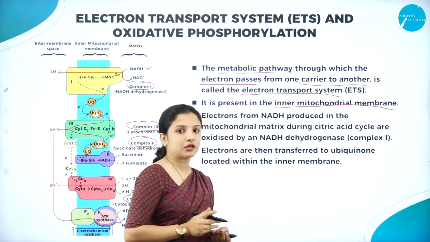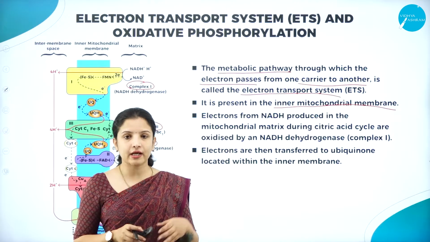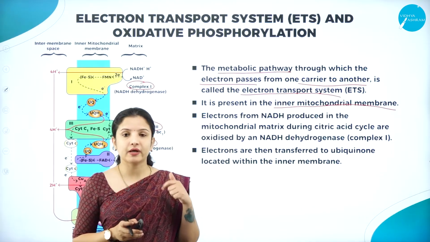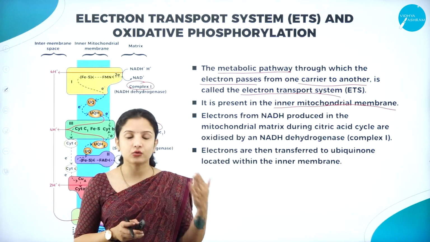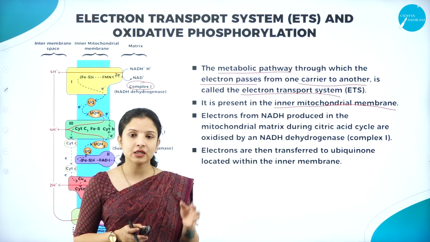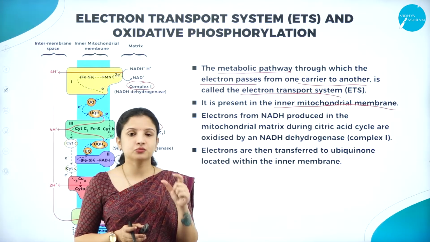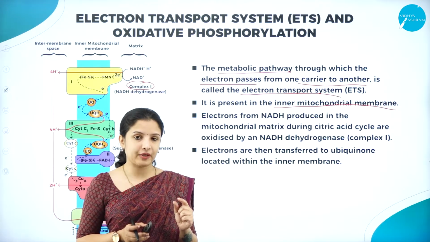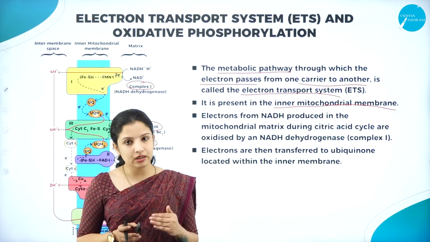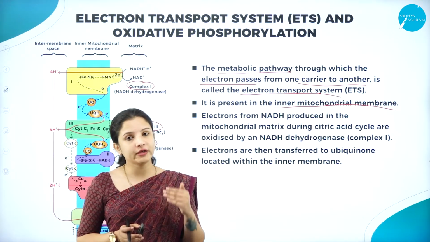If you look at the structure of the mitochondria, we know that the mitochondria is covered by a membrane, wherein it has an outer membrane, an inner membrane, and in between the outer and the inner membrane there is a space which is called the intermembrane space, and within the inner membrane is present the fluid matrix.